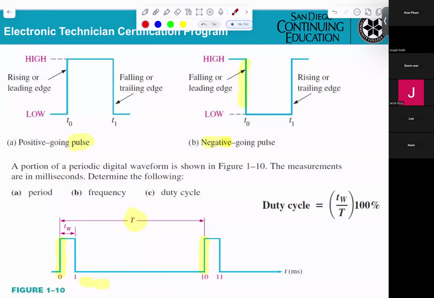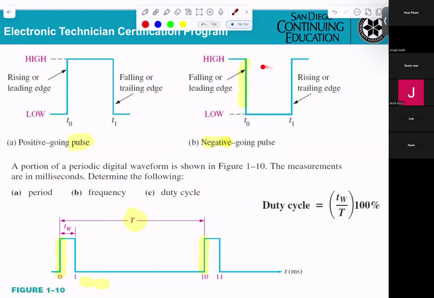Positive going pulse. That means you see this signal. They are 0, they go high, then go back to zero. That's what they call positive going. Okay. When they go from 0 up, they call it a rising or leading edge. When they go from high to low, they call it a falling edge or trailing edge.